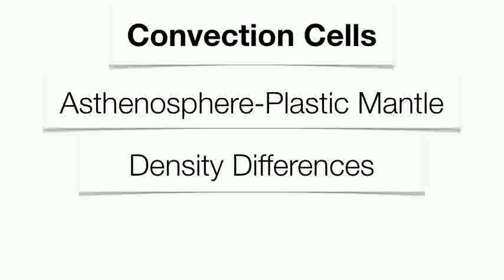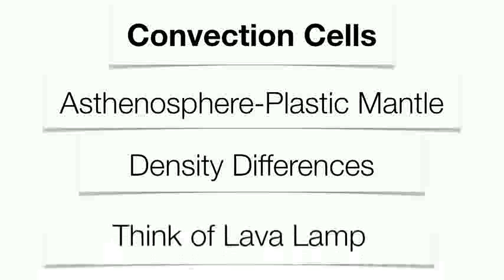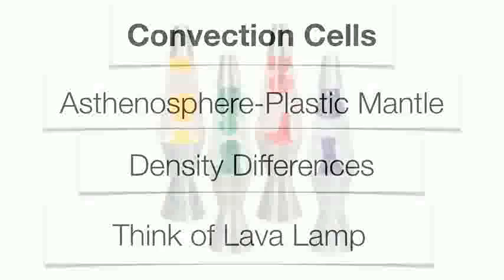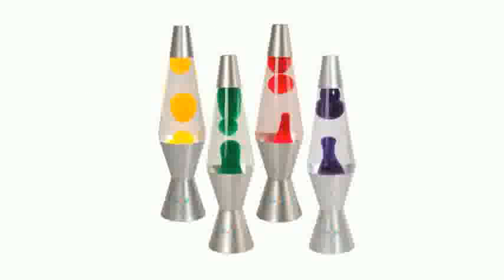Now, because the Earth gets much hotter as you go deeper, this asthenosphere is influenced by temperature. So if the temperature changes, the density is going to change as well. If you want to think of a lava lamp, this is exactly how a convection cell is going to work. The bottom of the lava lamp has a light bulb. The light bulb gets hot. The wax that's sitting on the bottom of the lava lamp gets heated up.